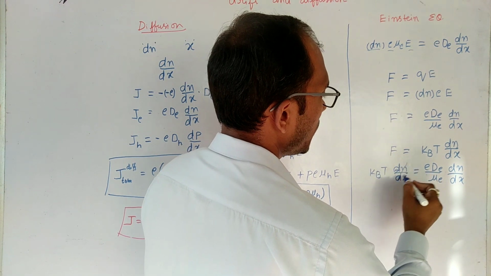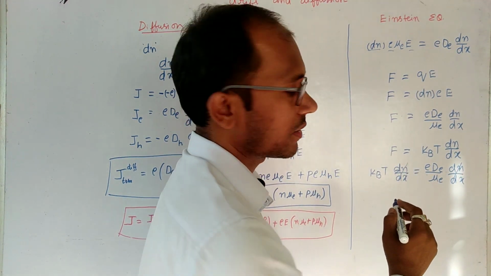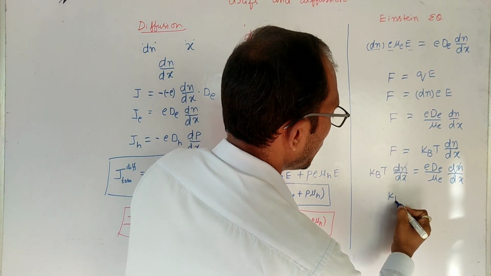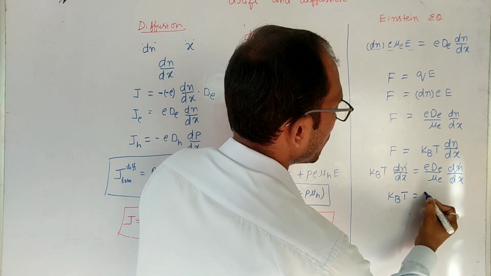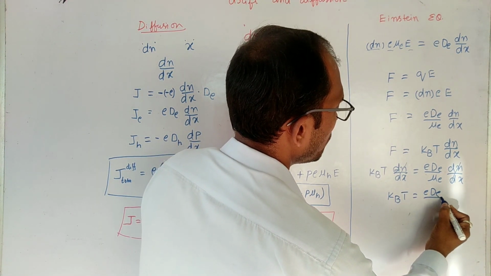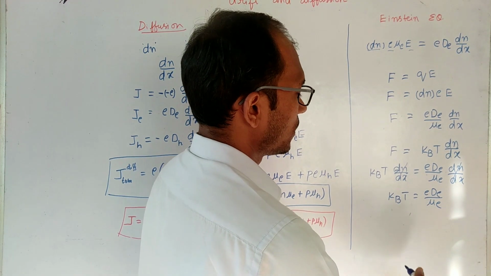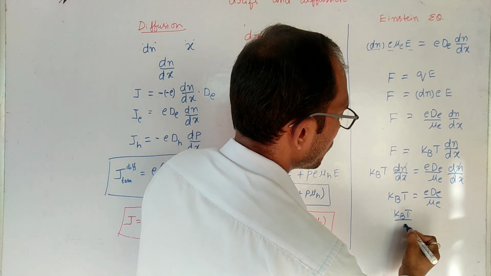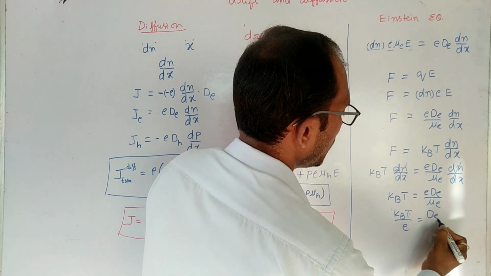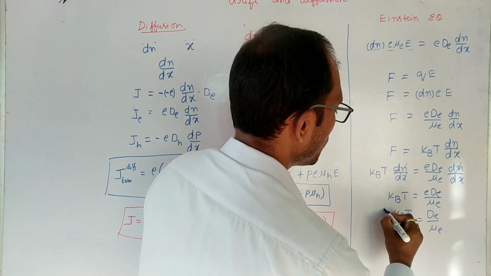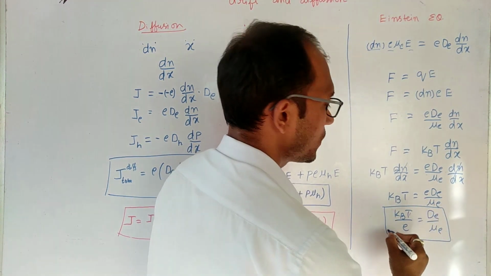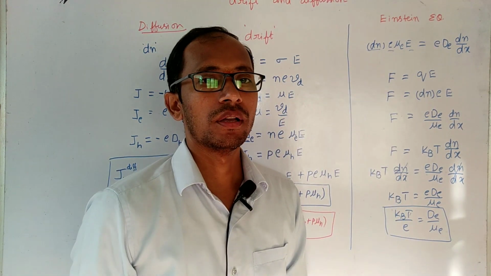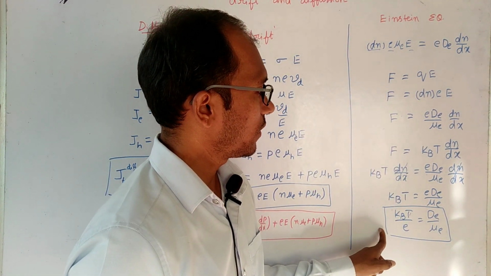The dn by dx cancels, so kBT is equal to e D_e by mu_e. Therefore kBT by e is equal to D_e by mu_e. This is the Einstein equation.